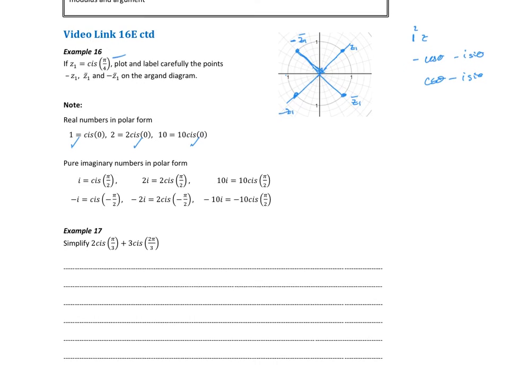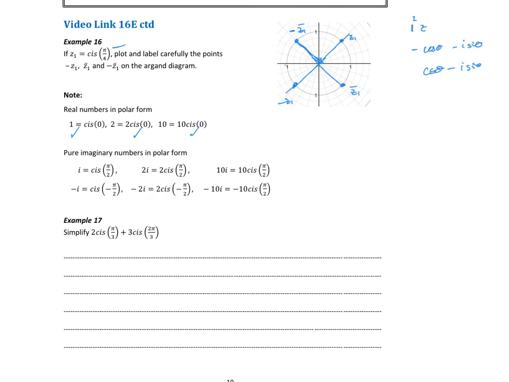When we add or subtract numbers in polar form, we just have to add or subtract them, so we're going to have to expand it, get them into Cartesian form. So we'll end up with 2 outside of cos pi on 3 plus i sine pi on 3, plus 3 outside of cos 2 pi on 3 plus i sine 2 pi on 3.